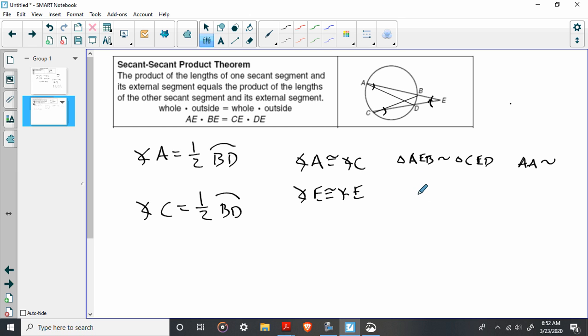Okay, so from there it's just pretty much setting this up. I'm going to do these in a little bit different order, but we know that AE, oops, I'm sorry, let me do it from the picture.